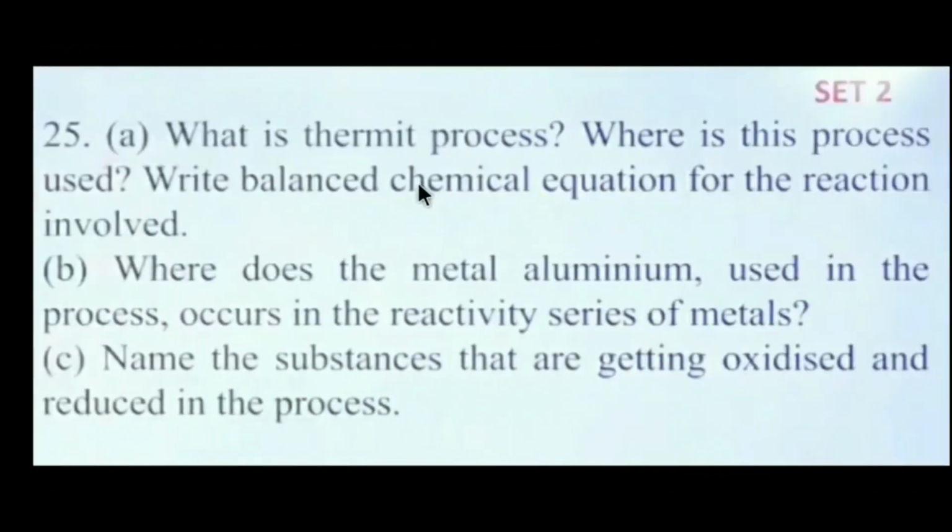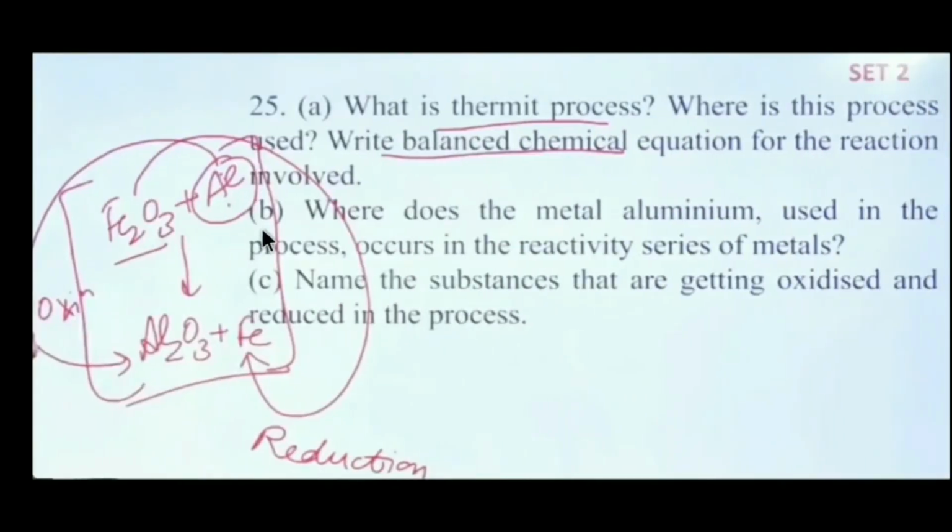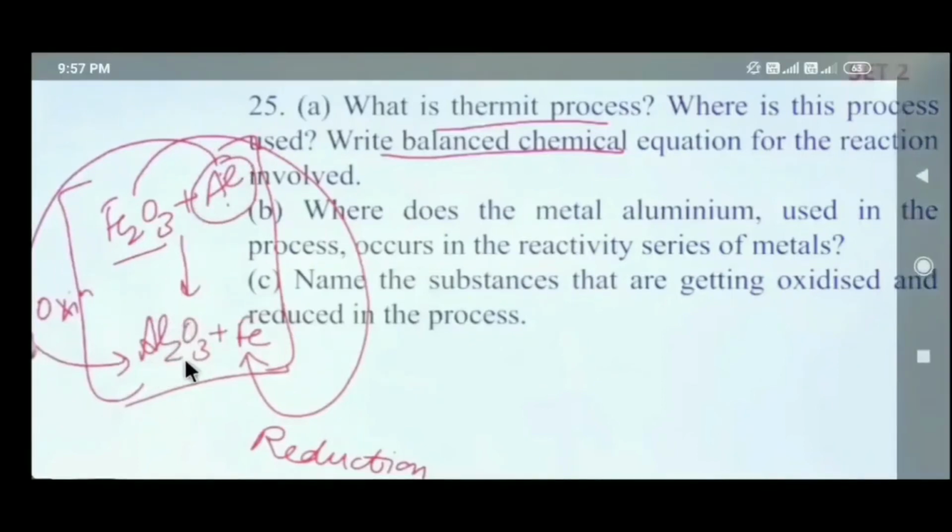ओके, ऐसा भी क्वेश्चन था, what is the thermit process, where is this process used? Write the balanced chemical equation for the reaction involved. So thermit process, you have to define that, and you have to write down Fe2O3 plus aluminium, and the oxidation of aluminium is considered, and that joins with oxygen.